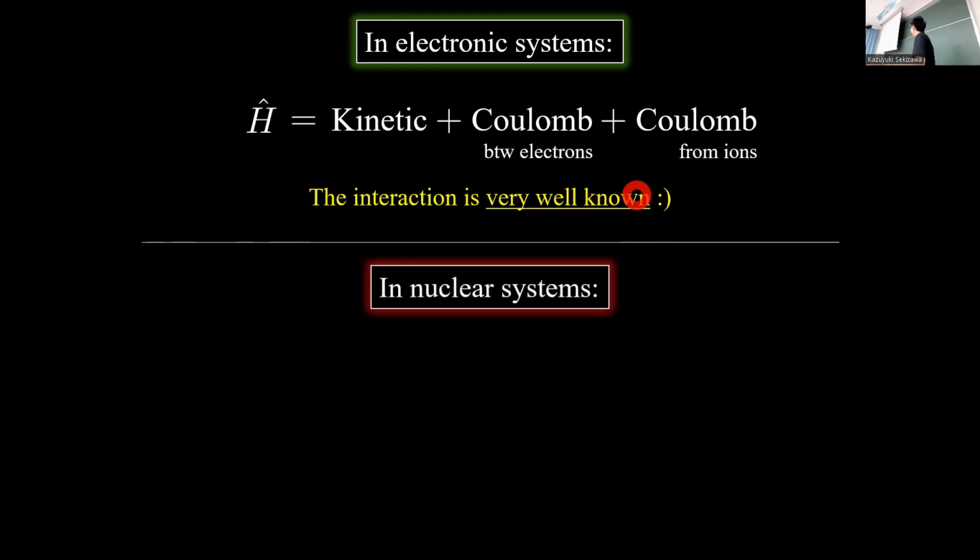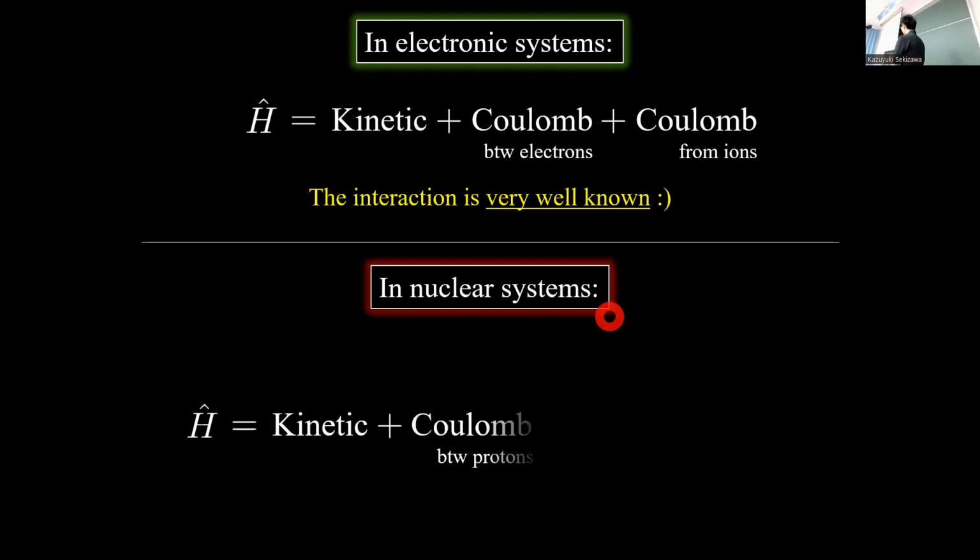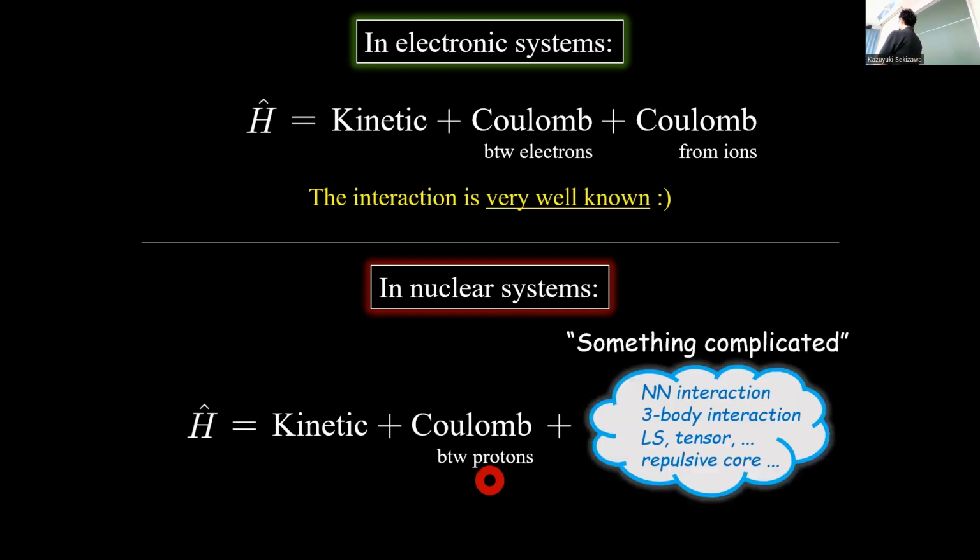However, in nuclear systems, as I mentioned, the situation is quite different. In a nuclear system, the kinetic term and the Coulomb interaction between protons exist. But in addition to this, there is the nuclear interaction, the strong interaction between neutrons and protons, and it is quite complicated.